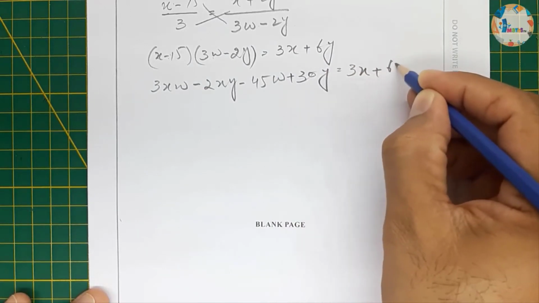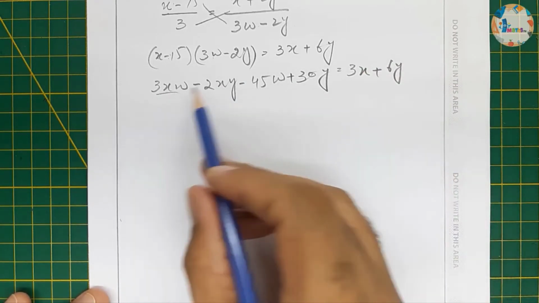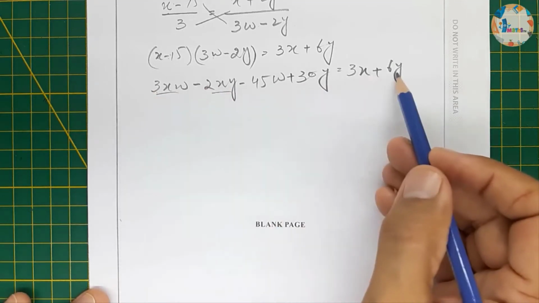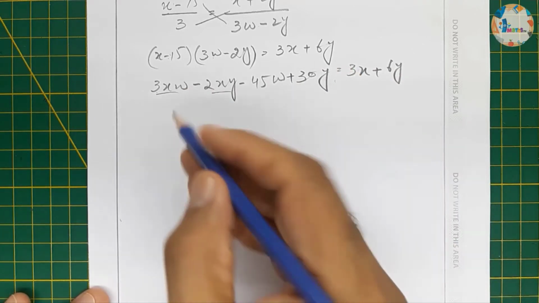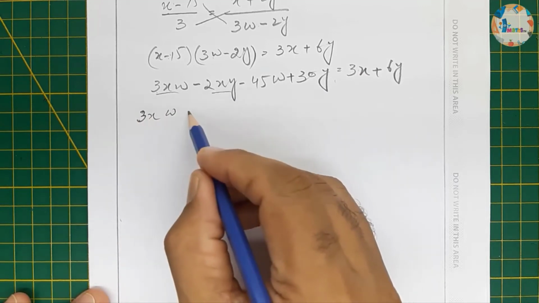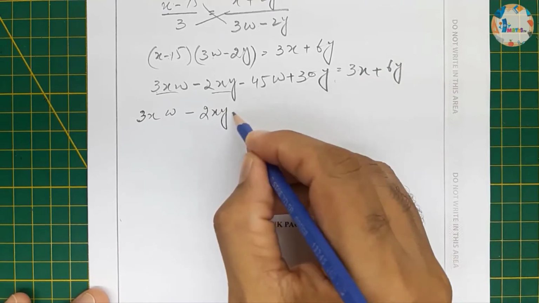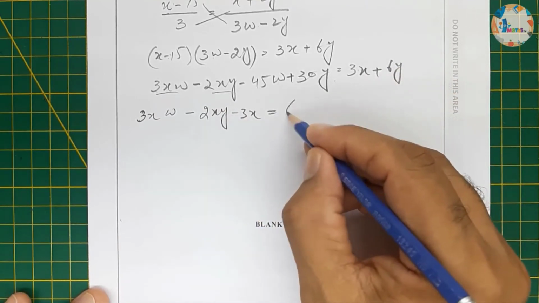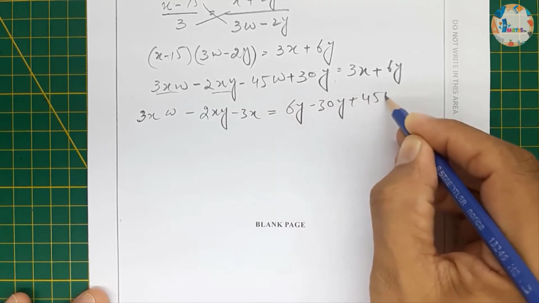Now x we can shift to one side. These are the terms which are containing x. So these two we will shift to this side, and y we will shift to the other side. Or what we can do, we can shift this to this side. So 3xw minus 2xy and minus 3x will be equal to 6y minus 30y and plus 45w.